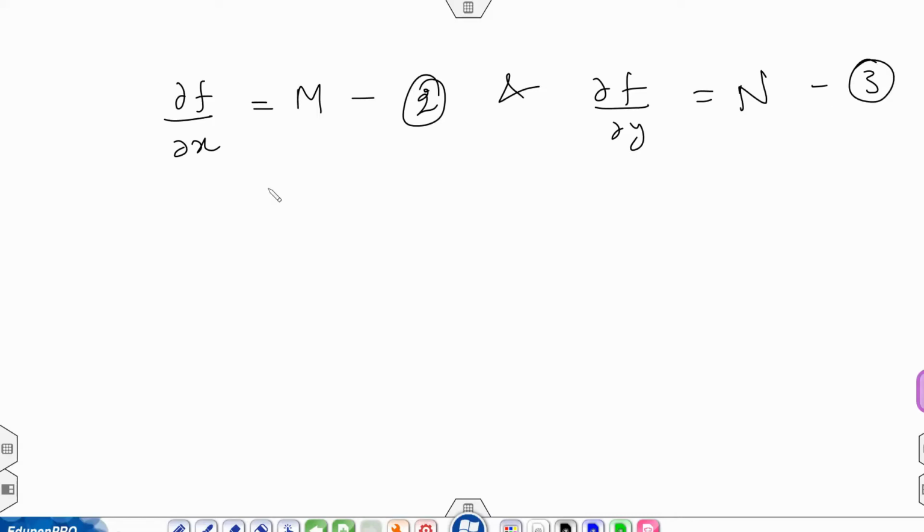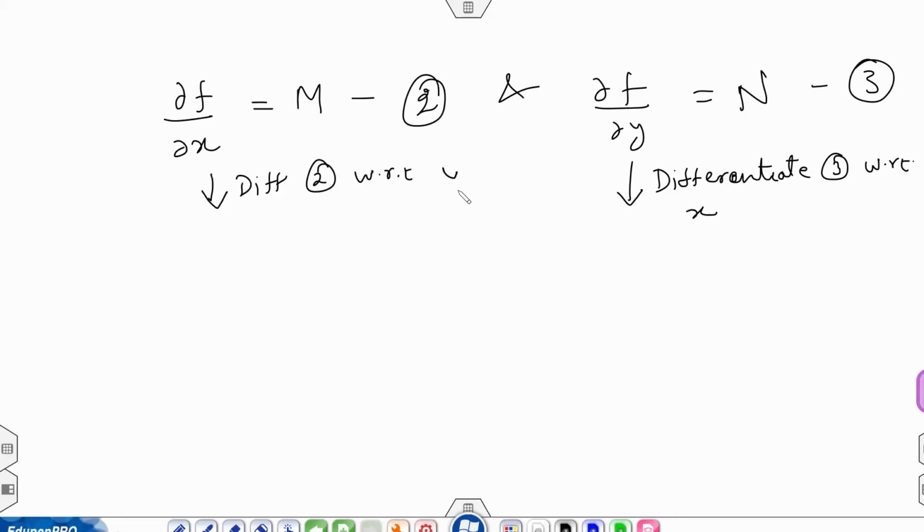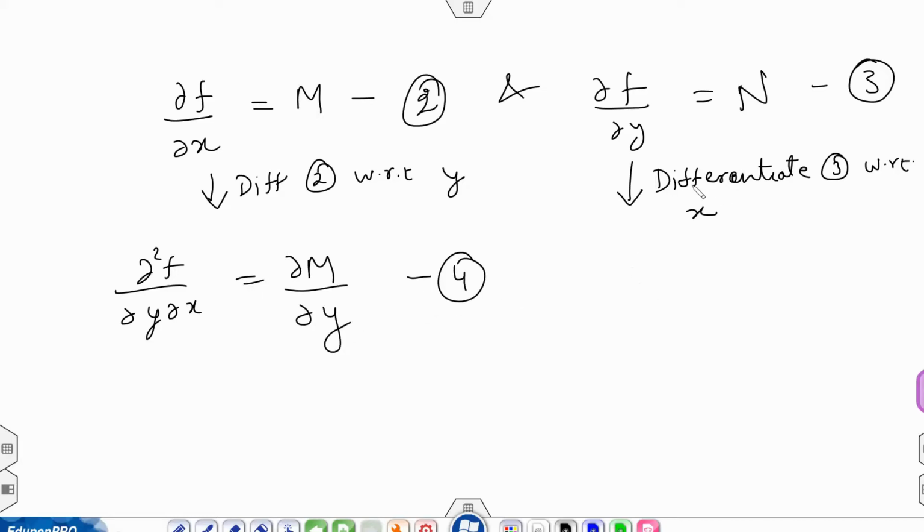Now if you differentiate this with respect to y and this with respect to x, what will you get? I'll differentiate 3 with respect to x and differentiate 2 with respect to y. I am getting del square f by del y del x is equal to del M by del y. This I call equation number 4, and similarly you get equation number 5.